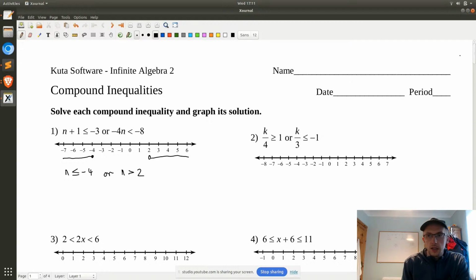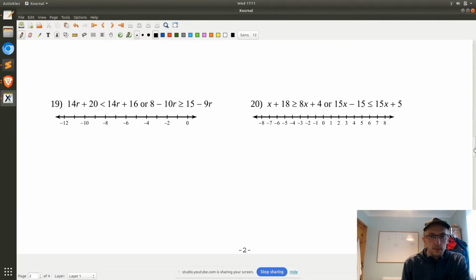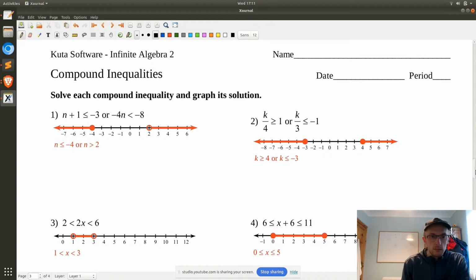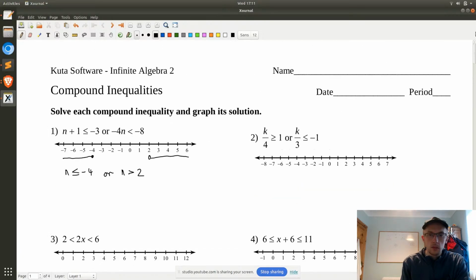Like that, I believe. All right. Awesome. Okay. This one says k is greater than or equal to 4, or k is less than or equal to -3. Fill it in.